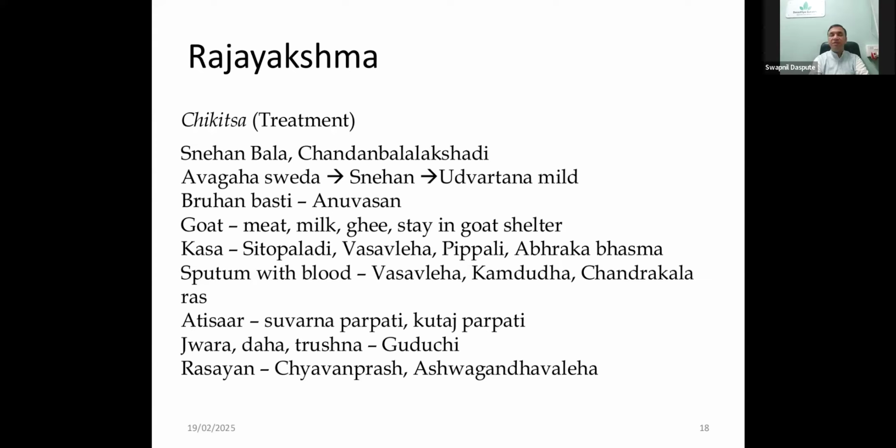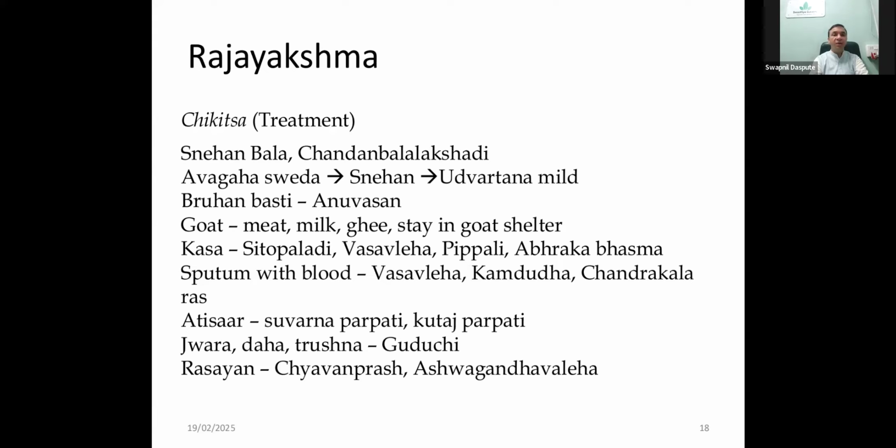Rajakshma patients are very sensitive to anything positive or negative. So in order to get the best results out of your treatment, be it food, medicine, or external or internal treatment, the choice of the right medicine helps in getting better results.